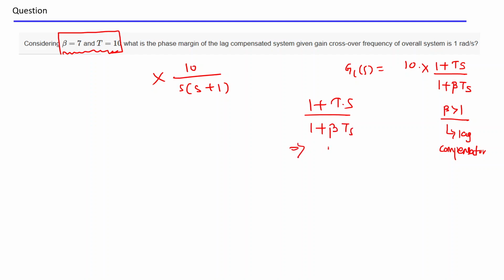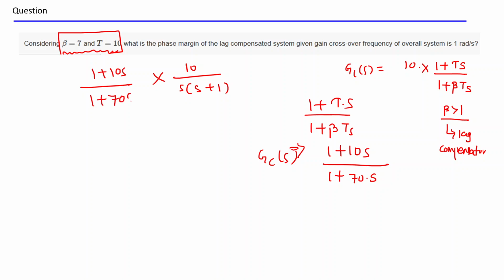T is given as 10, and beta T is 70, so it is 1 plus 70s in the denominator. Previously you had 10 divided by s into s plus 1. Now you add 1 plus 10s divided by 1 plus 70s. This is now your total system.